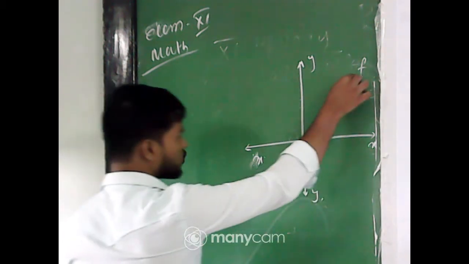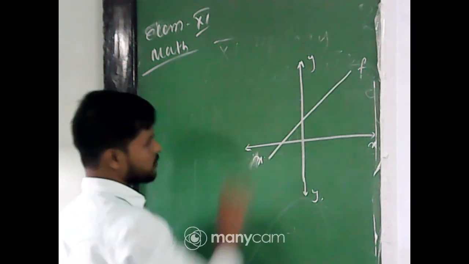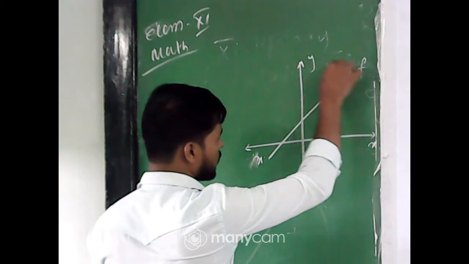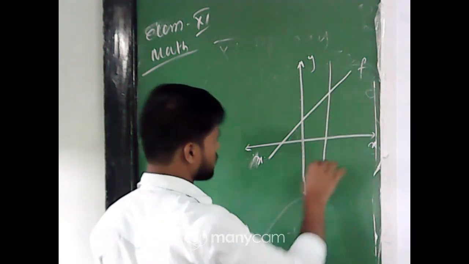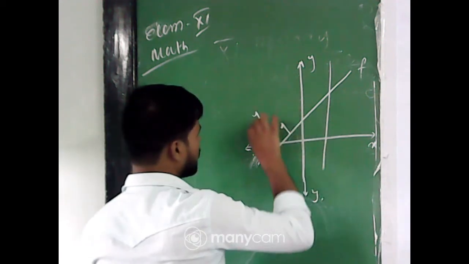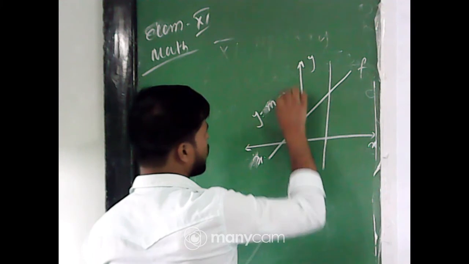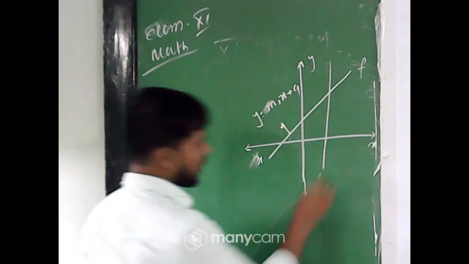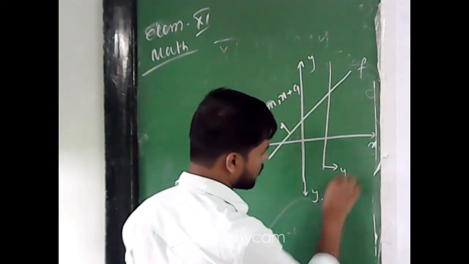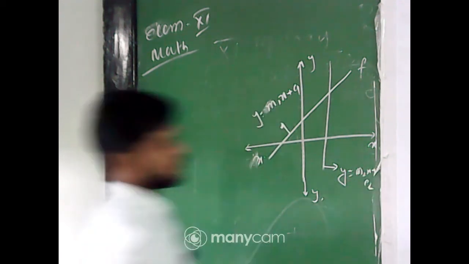Let us consider two straight lines. One straight line is this and one straight line is this. The equation of this straight line is y equal to m1x plus c1, and the equation of the second straight line is y equal to m2x plus c2.